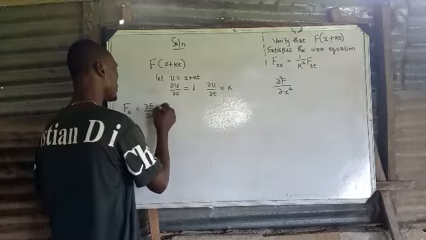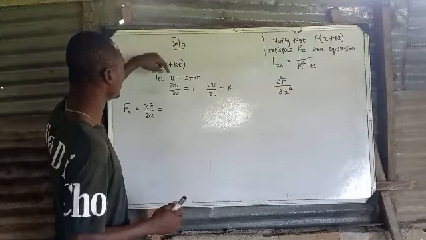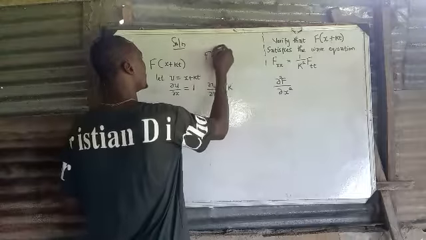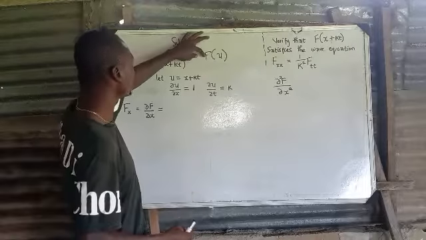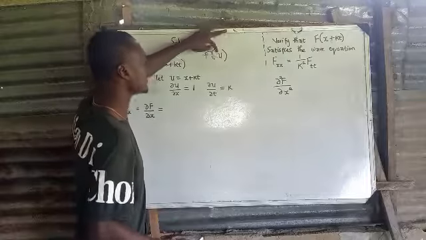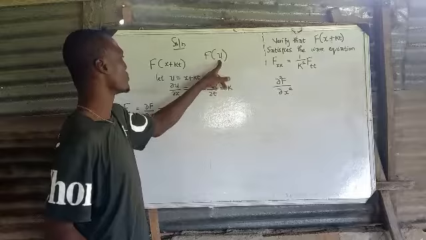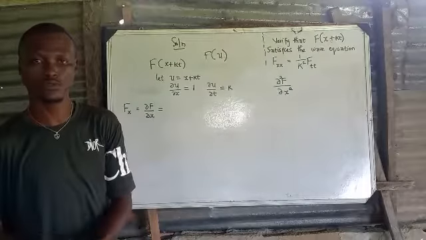Now look at f of x plus kt, where we let u be x plus kt, so we wrote something like f of u. Now f is a function of u, but u itself is a function of x and t. So this is a function of a function, and when you're differentiating a function of a function, you use what we call the chain rule.